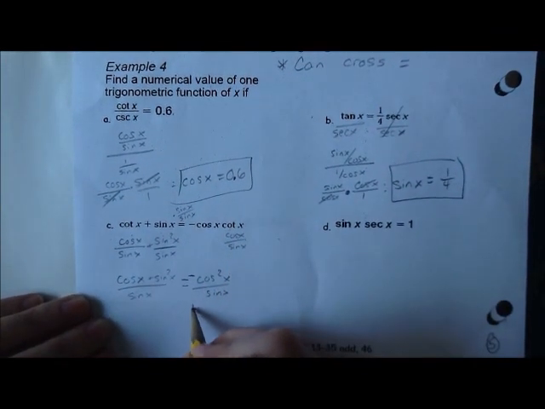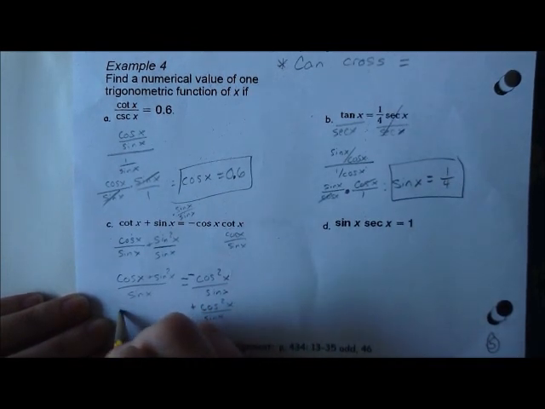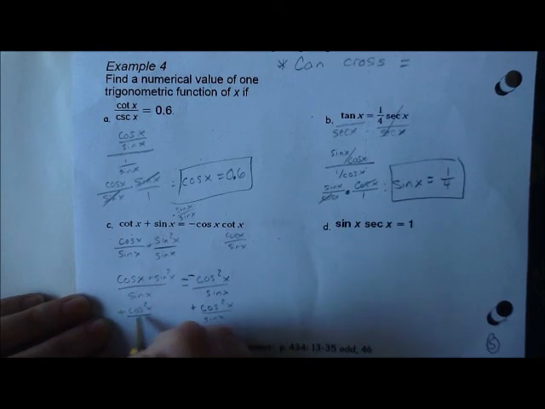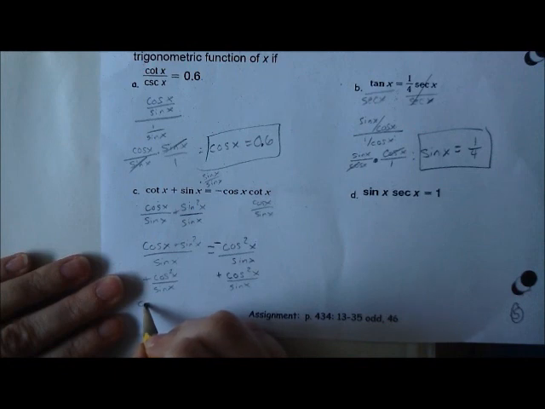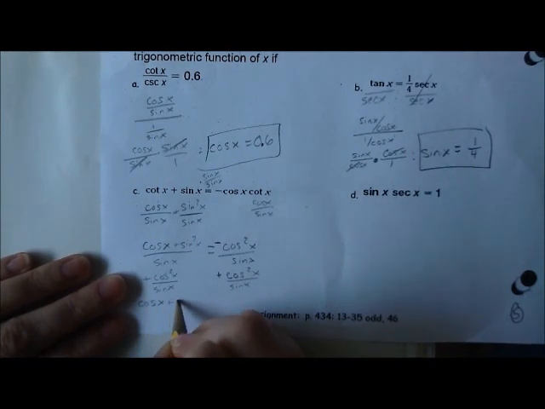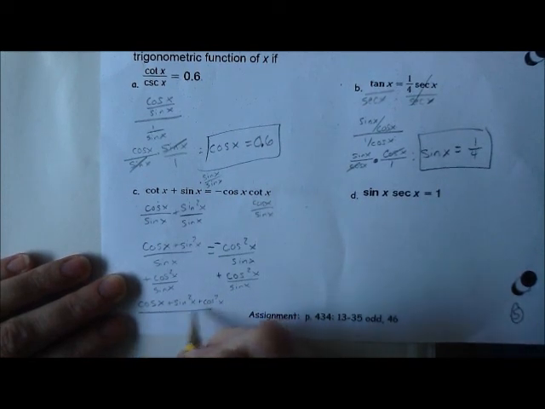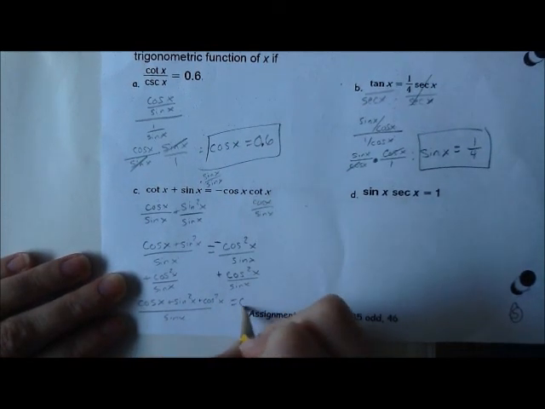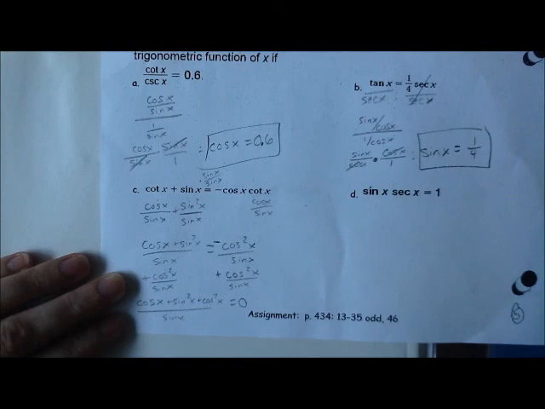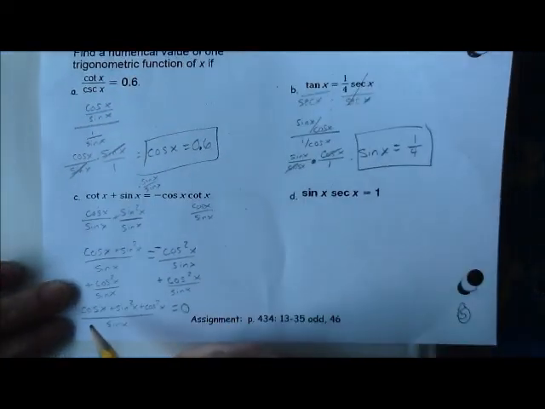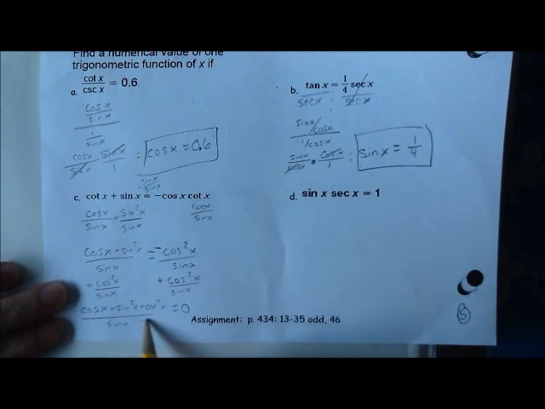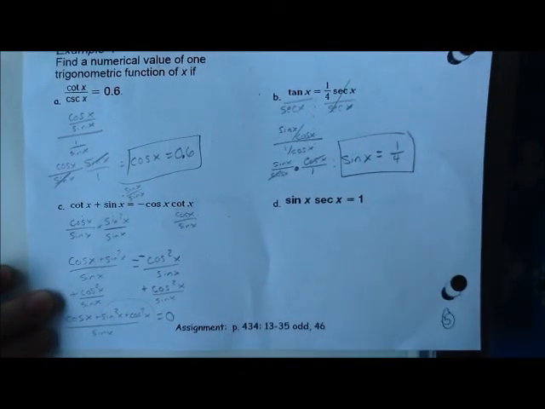Okay? Now, we are going to add cosine squared of x over sine of x to both sides. Weird but true. Cosine x plus sine squared x plus cosine squared x all over sine x equals 0. Cosine of x, well, sorry, there's nothing we can do here, but this, sine squared plus cosine squared, that's 1.